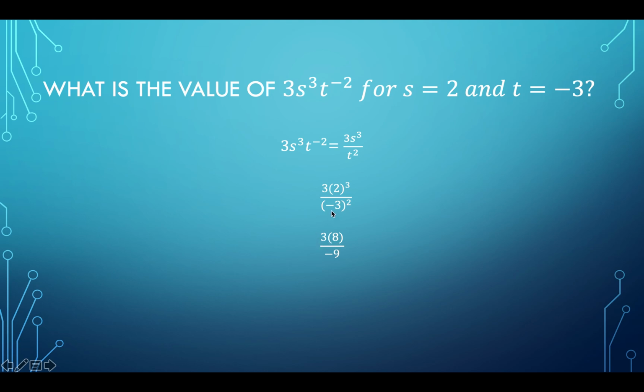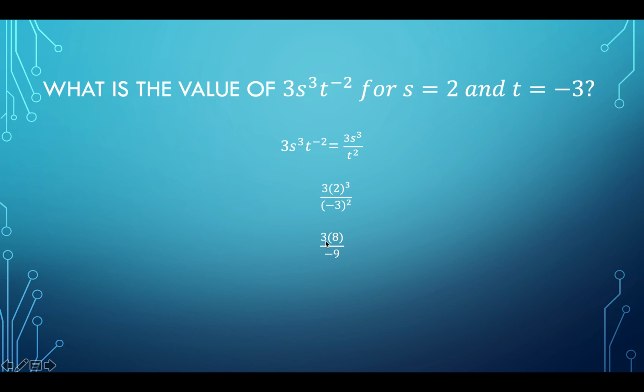And over here, remember I told you, if it's inside parentheses, it's included when we square it. Down here, I made a little mistake. I forgot to take away that negative sign.